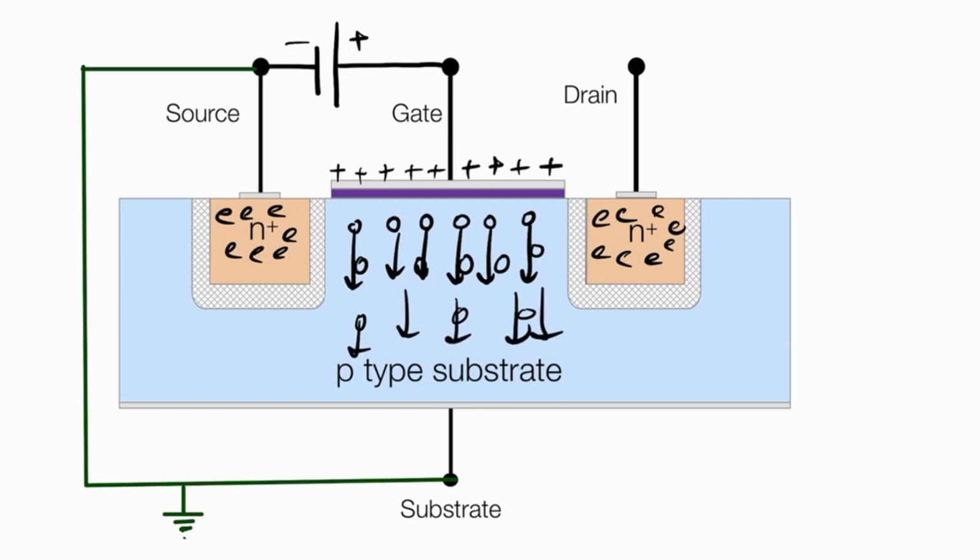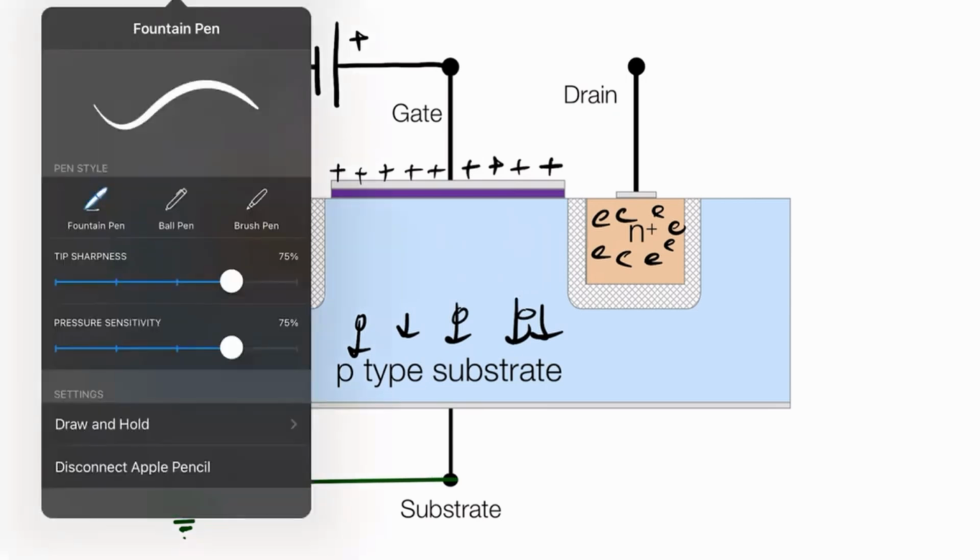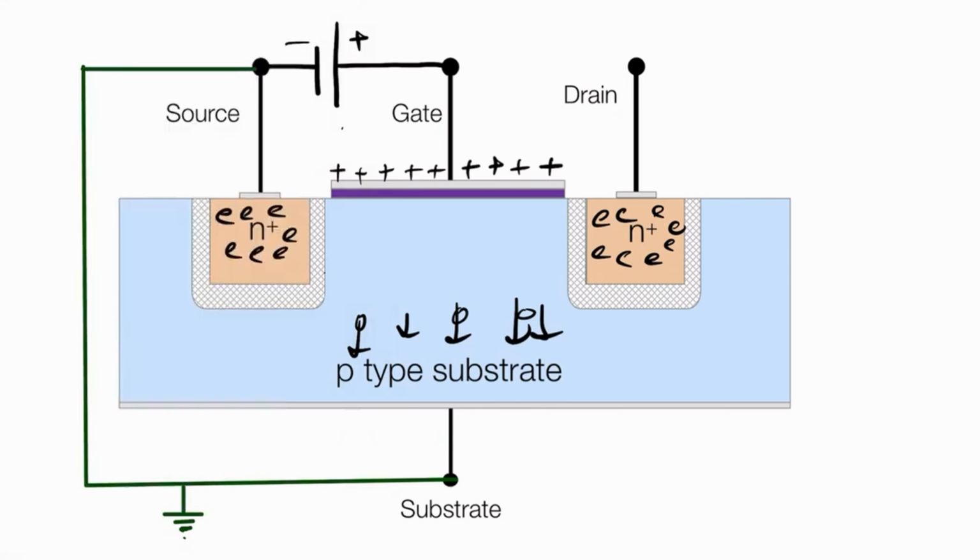So here we will not have any holes or any electrons. And we already know the definition of the depletion region: if in an area there are no holes or electrons, then a depletion region is created. So here will be a depletion region, right?